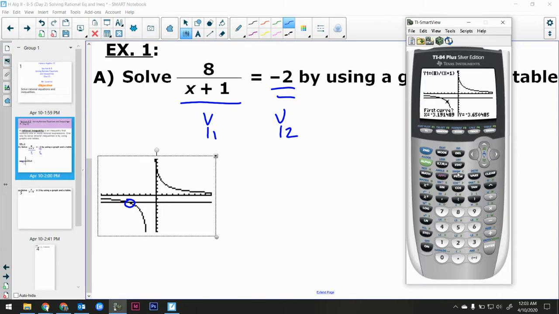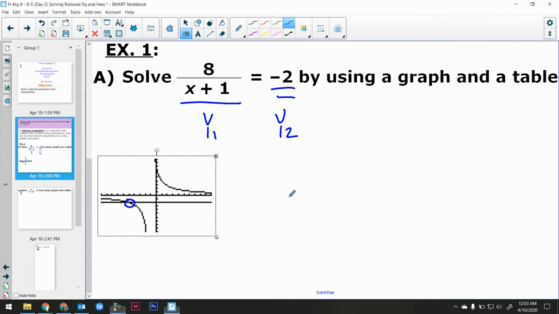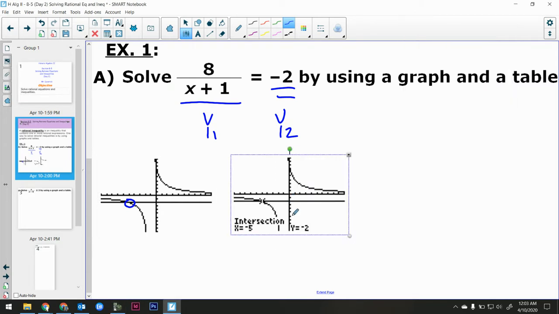So I need to move my trace all the way over there. I hit enter over there, and then the second curve, obviously it's just my horizontal line. I can hit it wherever I want, somewhere where I think it's going to be, and boom. Okay, so where does it happen? It happens at -5.